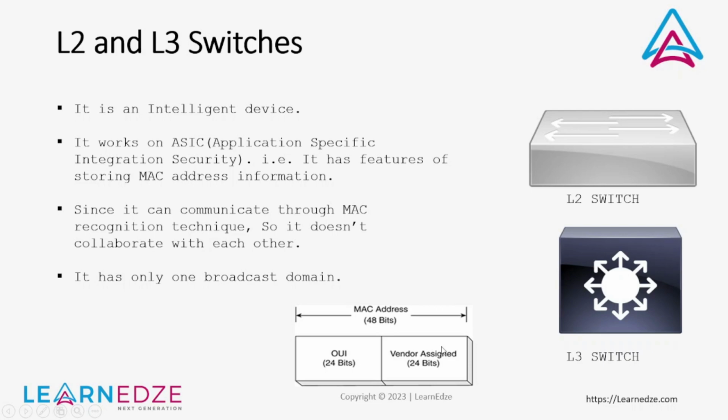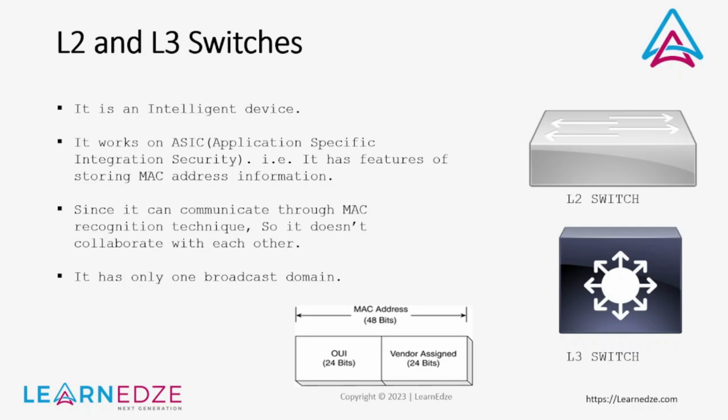So a MAC address is 48 bits long. Out of that, 24 bits is the OUI, the organizationally unique identifier, which is maintained by IEEE. From the first 24 bits you can assume which manufacturer is manufacturing the device. It can be Cisco, it can be HP, or other manufacturing companies like Dell.